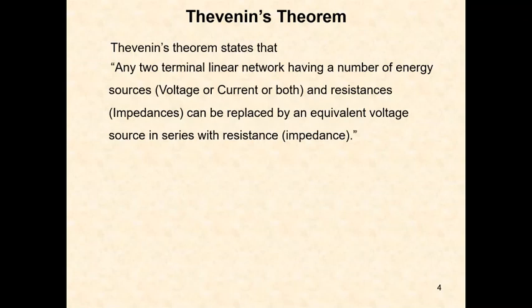Any two-terminal linear network having a number of energy sources and resistances or impedances can be replaced by an equivalent voltage source in series with resistance or impedance. This is the network, this is the theorem.